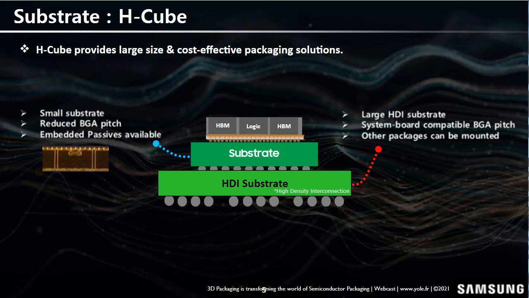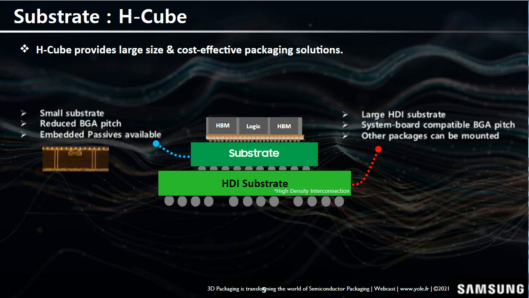The concept over here is, rather than have a large package substrate, we're trying to make it smaller. That's why we have a smaller substrate, and then we can enjoy a smaller BGA pitch, and also you can embed passive or active components into the package substrate. Then we just mount this entire package substrate on top of the HDI substrate, and then we can make it compatible with the motherboard system BGA pitch.